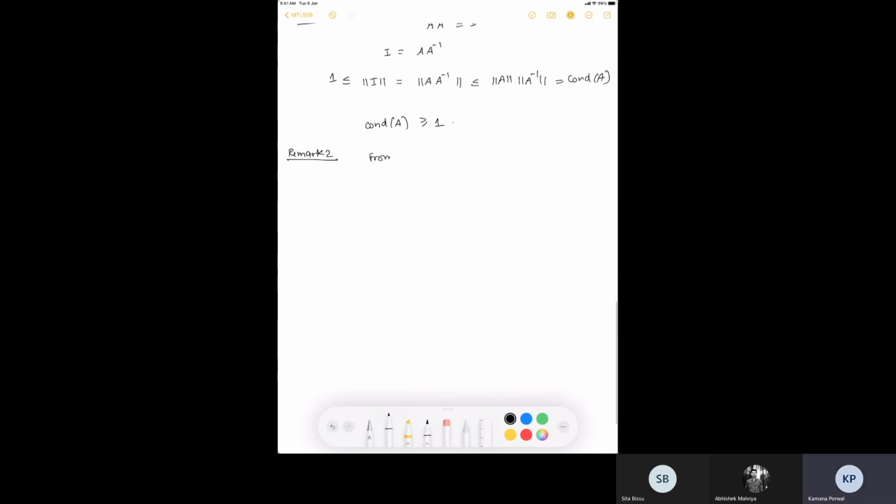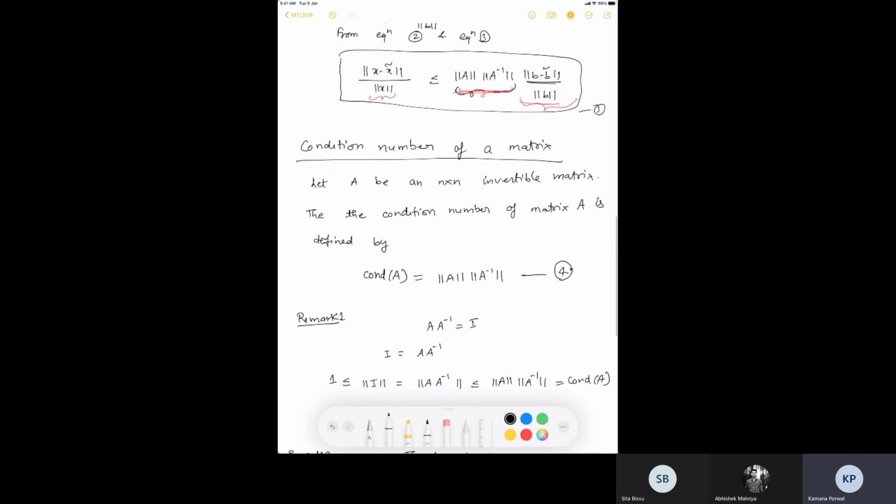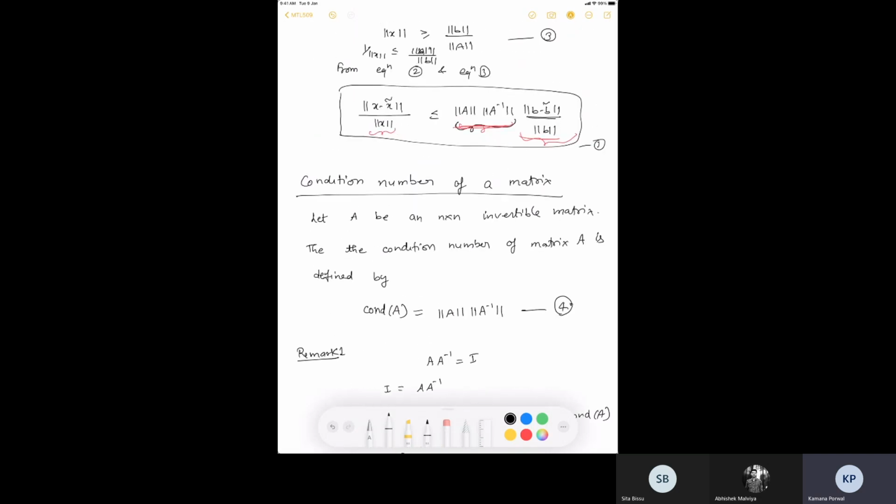So from theorem 1, it is clear that if the condition number of the matrix A is, so the best possible case I can have is when this is close to 1.